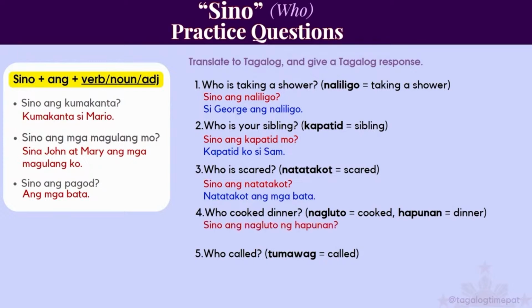Who cooked dinner is sino ang nagluto ng hapunan. So that's just sino plus ang plus a verb. Nang is the sentence marker before the noun. Si Lola ang nagluto ng hapunan. Lola cooked the dinner.